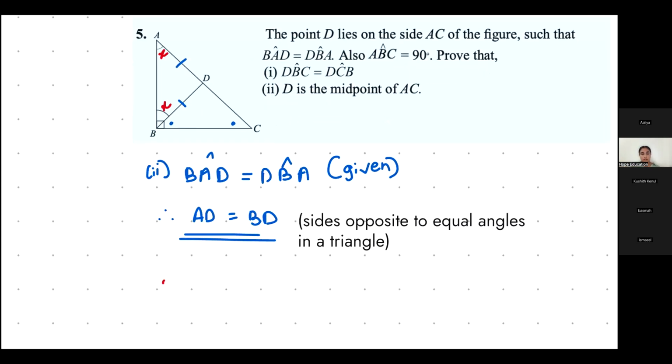So x equals BAD and DBA, both are x, because they are equal anyway.